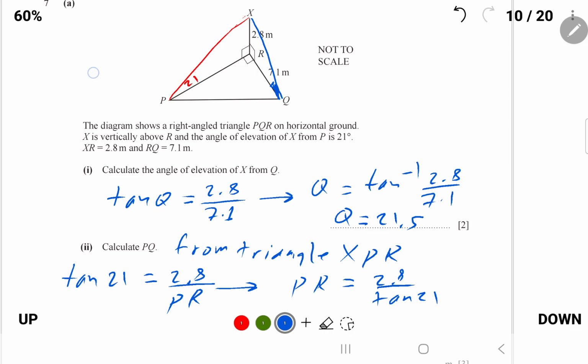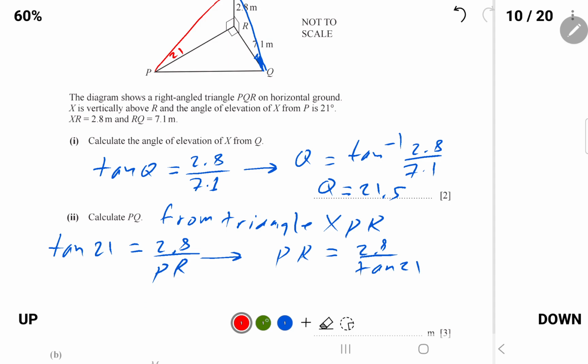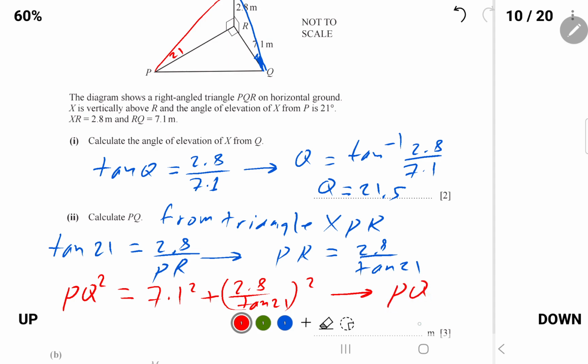Now we have to find PQ. To find PQ, we can use Pythagoras now. So we can see PQ squared is equal to 7.1 squared plus PR squared, which is 2.8 divided by tan 21 squared, and then after doing square root on the calculator, PQ would be 10.2.